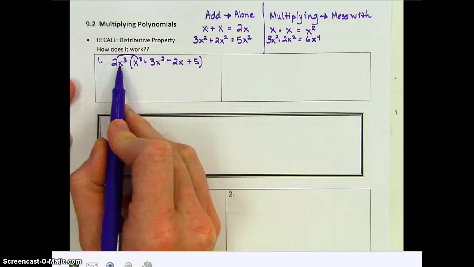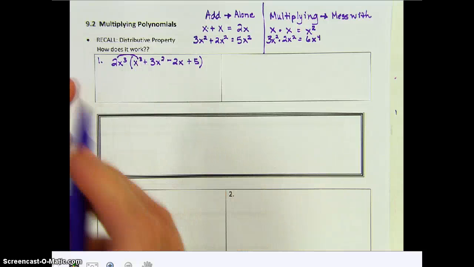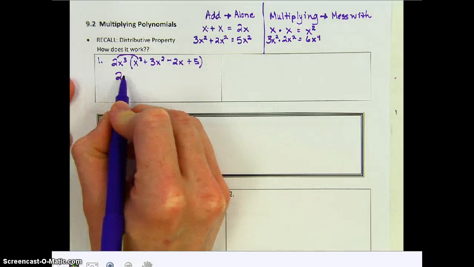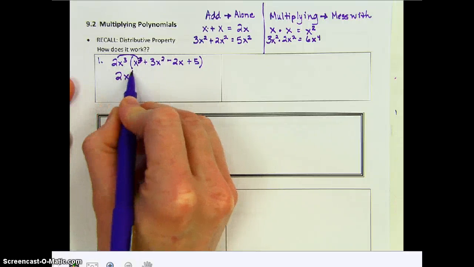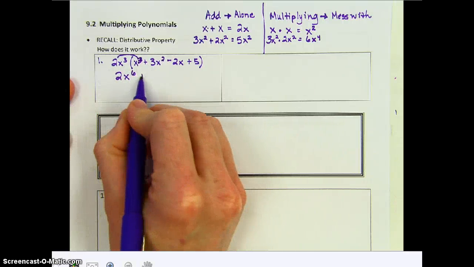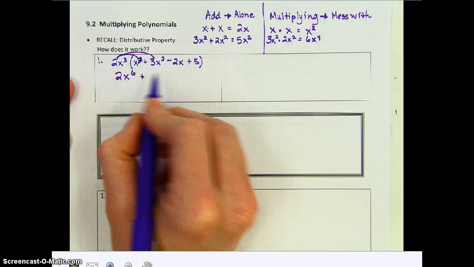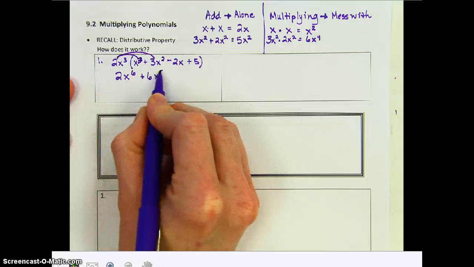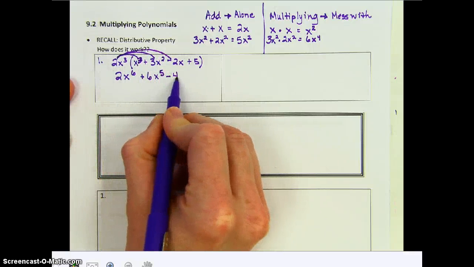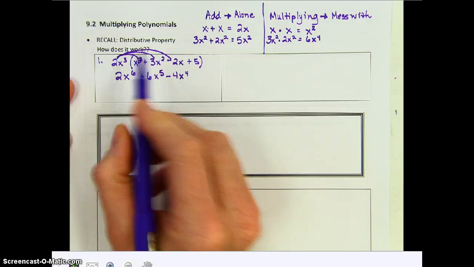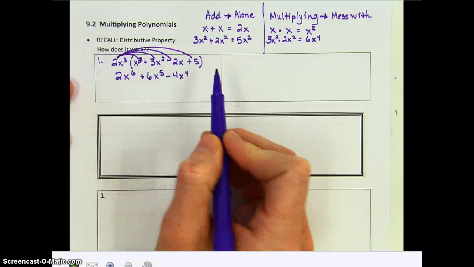So we're going to go 2x cubed times x cubed, which will give us 2x to the 6th power, plus, distribute, 6x to the 5th, distribute again, negative 4x to the 4th, and distribute to the last term.